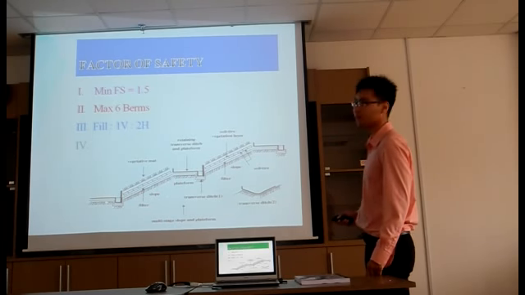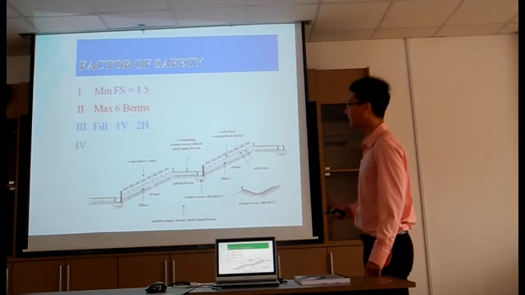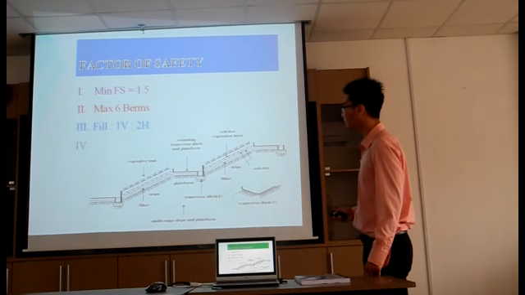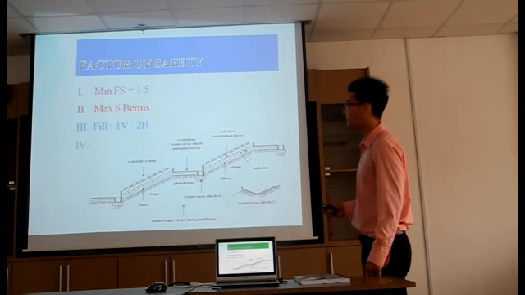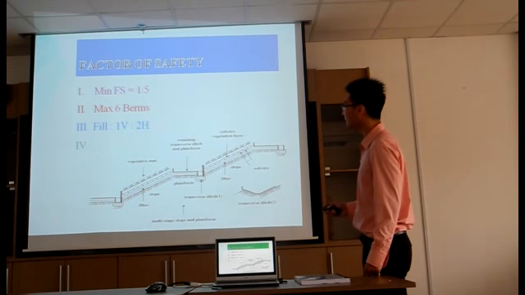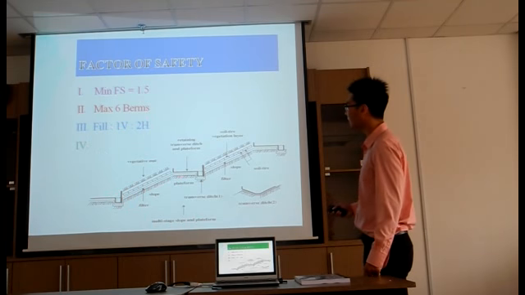For a cut area it is 1 to 1.75, meaning 1 meter here, 1.75 meters here. But it's better we use longer here because it's safer. This is the minimum requirement of JKR. And then the berm is this one, meaning every slope we have a berm. The maximum we can use is 6 berms.